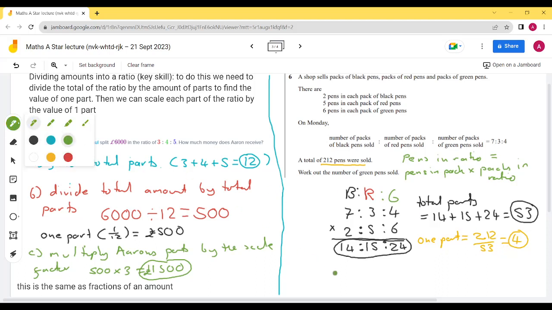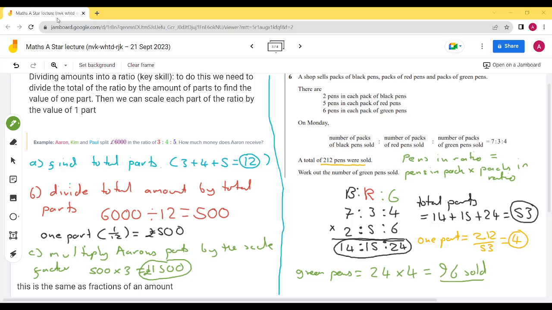And so we can say then green pens sold equals 24, just the amount of pens in a ratio, times by 4, which equals 96. And that's the final answer there.